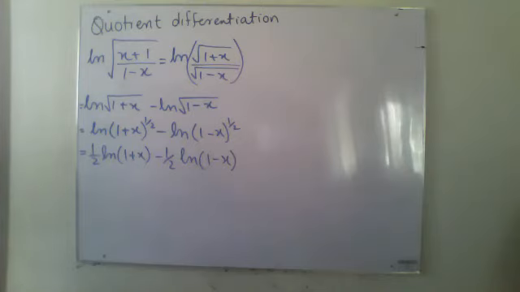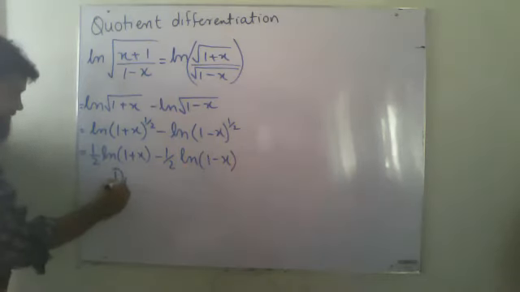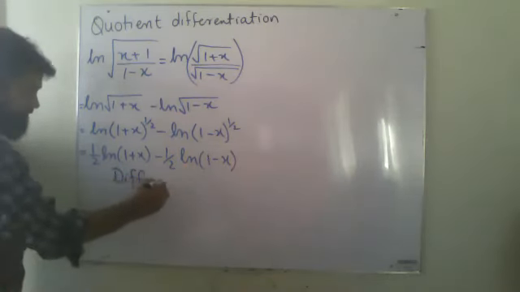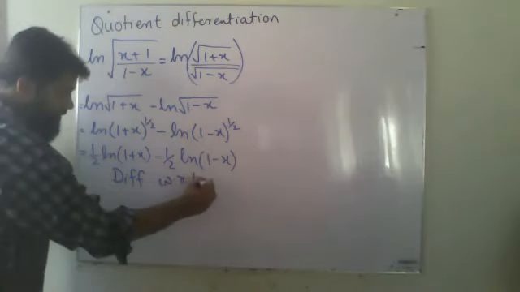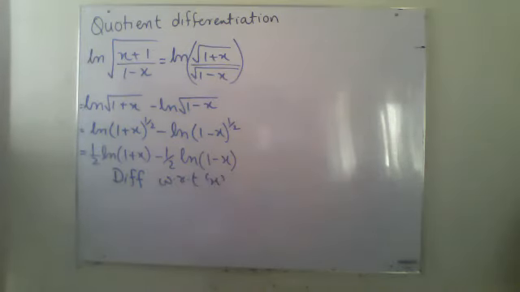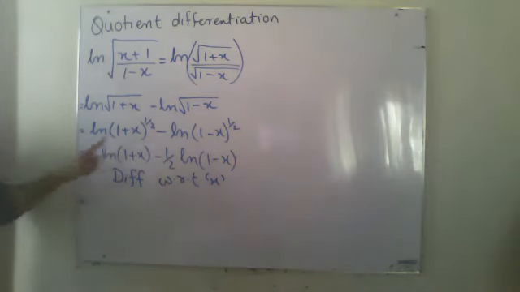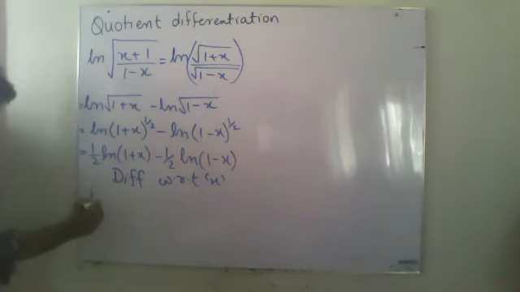Now I can't do any further. I'm not taking out half common. Be careful. Differentiate with respect to x. So first of all, there is no whole power over here, so I'm not going to do anything with the coefficient. It is written as it is.